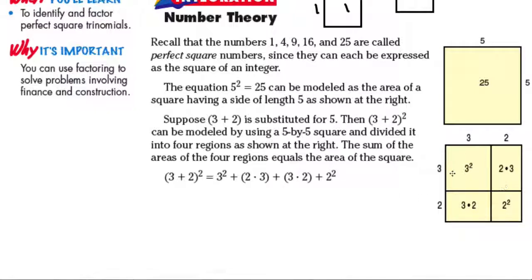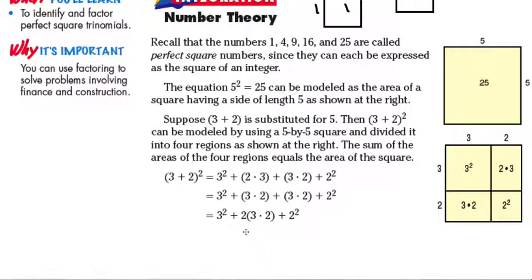So everything in that square we just simply added here. Or it's the same as 3 squared plus 3 times 2 plus 3 times 2 plus 2 squared. And we can simplify this to become 3 squared plus 2 times 3 times 2 plus 2 squared.